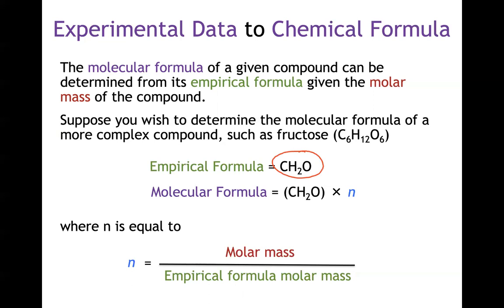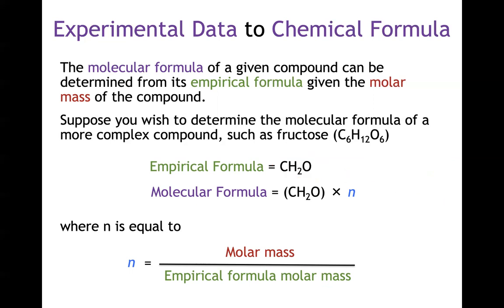We take the mass of carbon on the periodic table, which is about 12 grams per mole. We take the mass of hydrogen, I'm just rounding up for now. We take the mass of oxygen, right? But we have 2 hydrogens, so we're really multiplying this value by 2, and then we're adding everything up. That would give us the molar mass of this empirical formula, right?